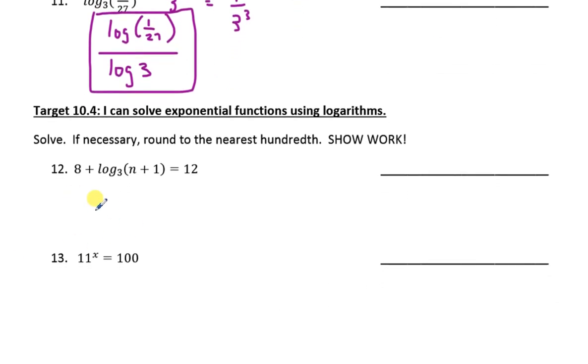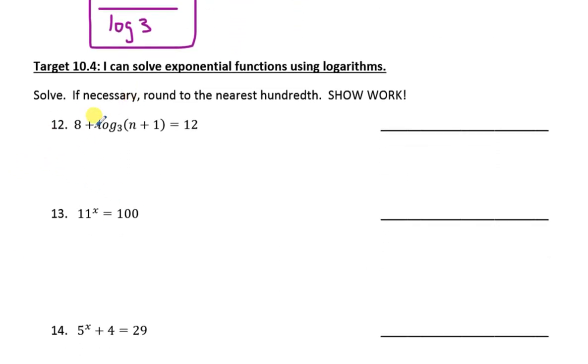Okay, now to solve this, you have to keep in mind your order of operations. So we want to get the log by itself, and then we want to get n by itself. So first we're going to subtract 8 from both sides, and log base 3 of n plus 1 equals 4. And now I can rewrite this as an exponent.